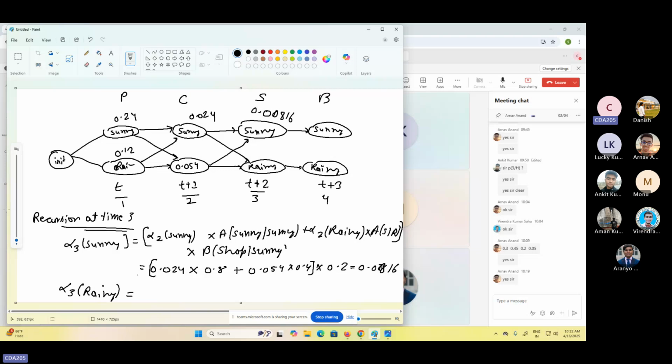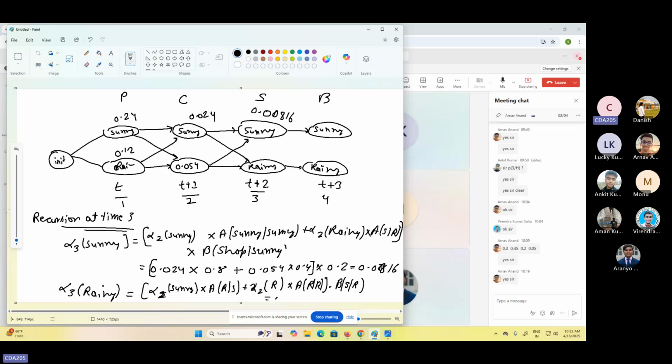So rainy, it will be alpha 2 rainy sunny into A rainy to sunny plus alpha 2 rainy into this one, rainy to rainy, into B shop to rainy.